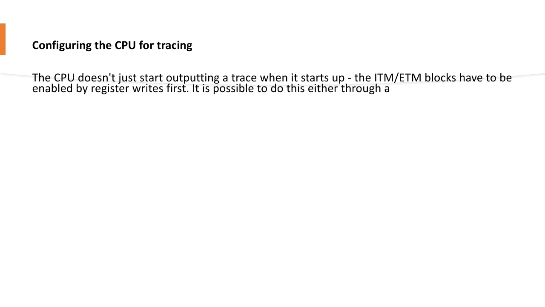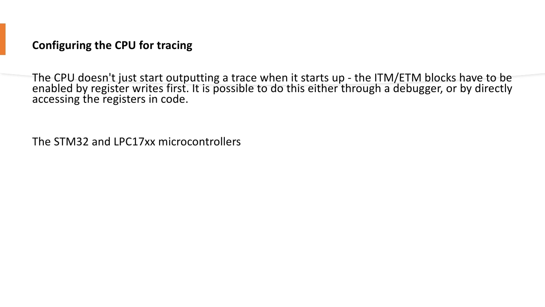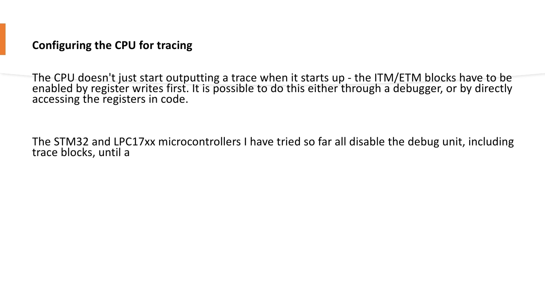The STM32 and low power controllers like the LPC17xx microcontrollers we have tried so far all disable the debugging unit, including the trace blocks, until a debugger has connected. So in practice you have to connect a debugger anyway, at least once after power on reset, even if you configure tracing in the code like in the example.